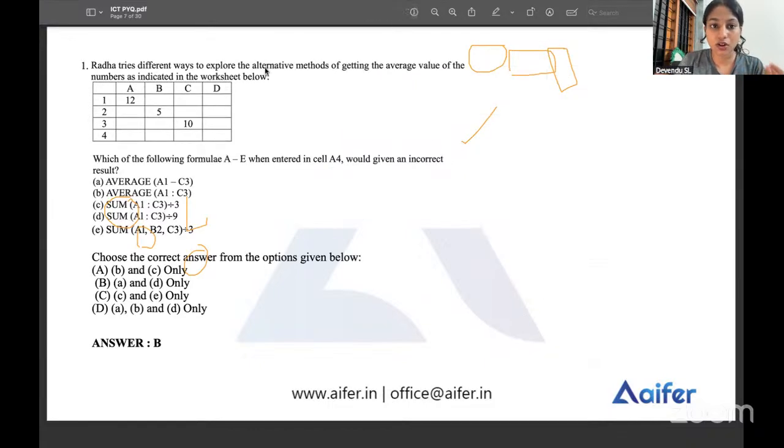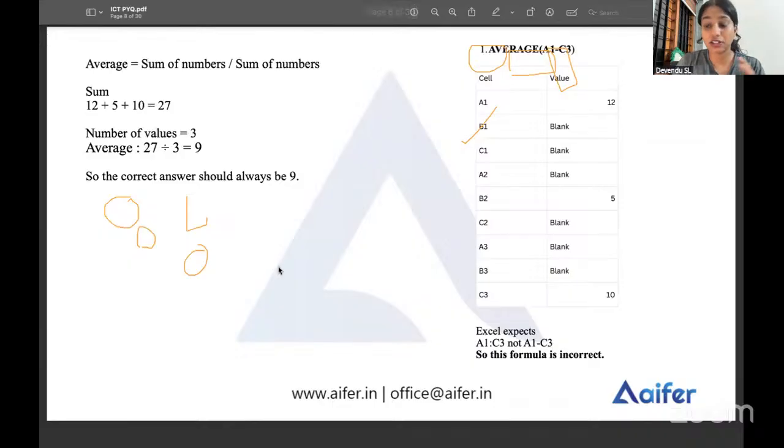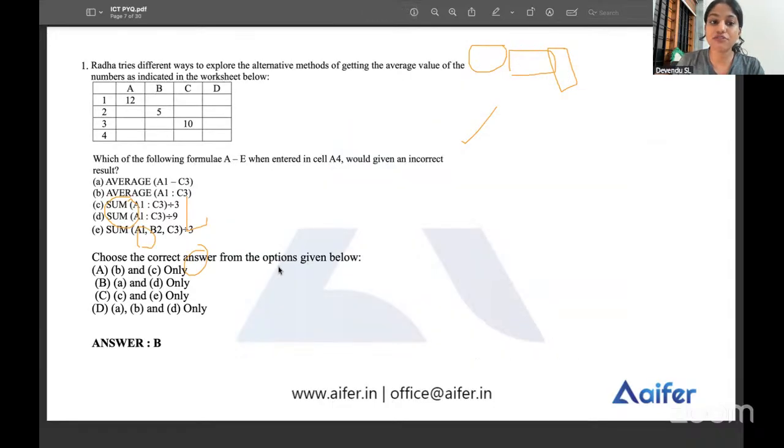Here the question is also given like that: try alternative methods of getting the average value of the numbers in this spreadsheet, in this Excel sheet. When we find that average value, we have to get 9.